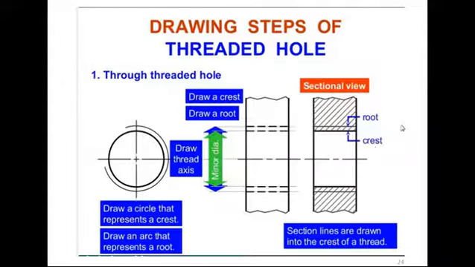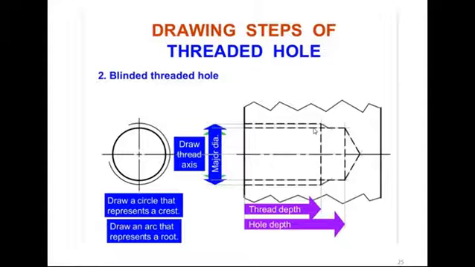Now this we have seen is a through hole. Next we will see a blind threaded hole. This hole is blind, meaning at one end it is closed; it is not a through hole. How are we going to show this one? Inside we show a dotted line, and outside likewise.